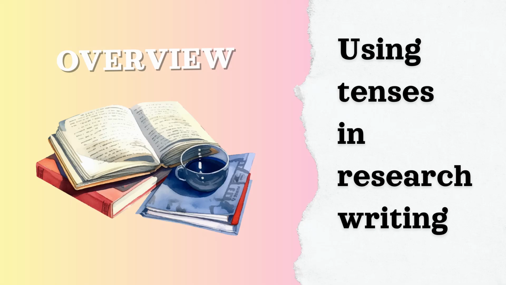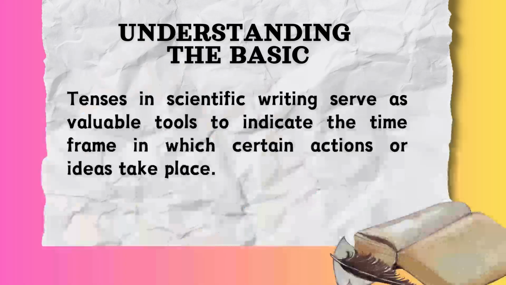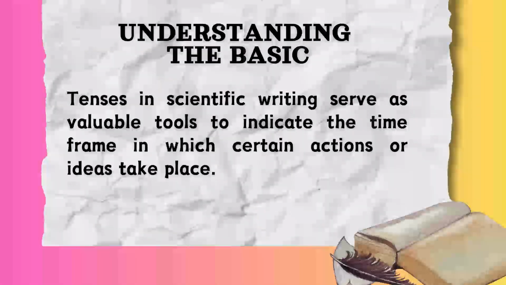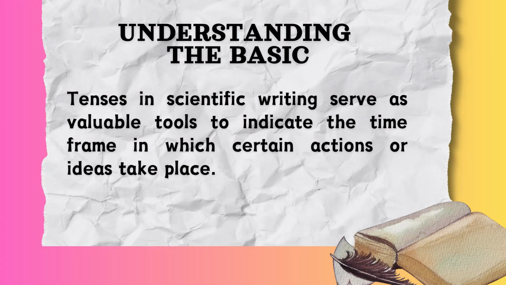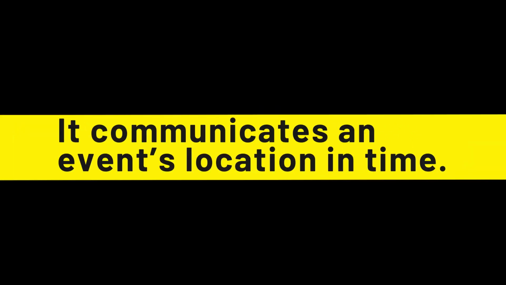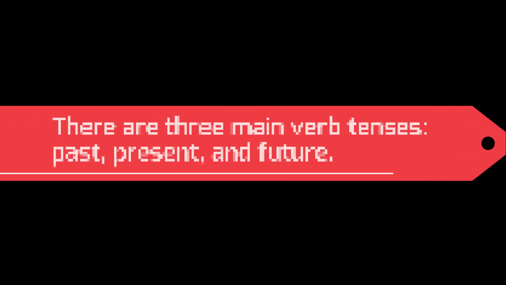In this video lesson, I will focus on using tenses in research writing. Bear in mind that tenses in scientific writing serve as valuable tools to indicate the time frame in which certain actions or ideas take place. It communicates an event's location in time. The different tenses are identified by their associated verb forms.